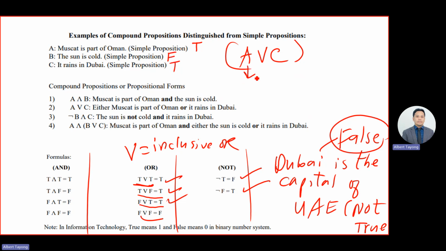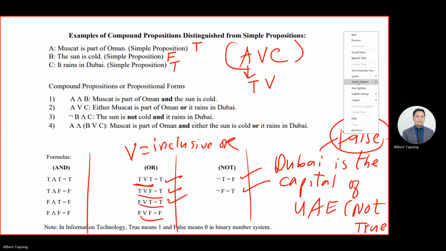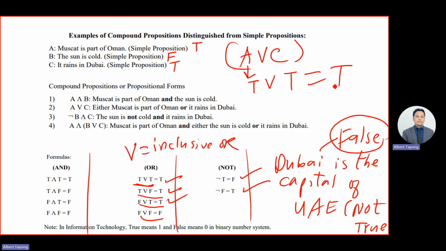So A is true or C. Our C is also true. So the answer here will be true. So the second statement is true. The first statement is false. Because here our A is true, our C is true as well. So true or true is true.